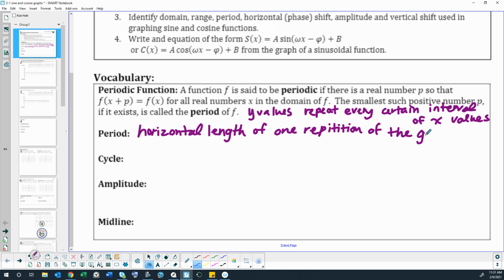Is that supposed to be an E? I'm not sure. Okay. A cycle is one repetition of the graph.